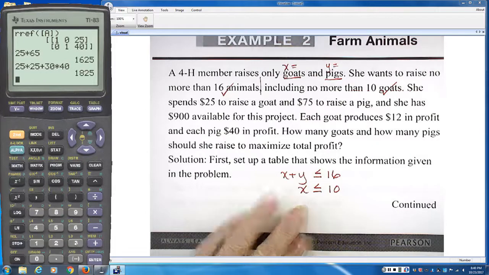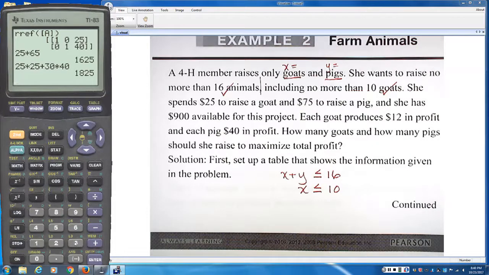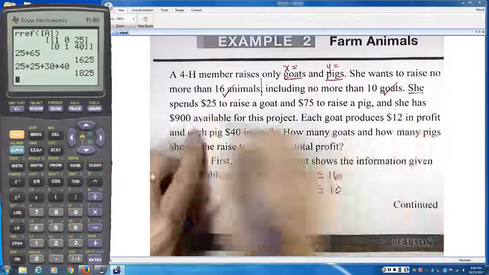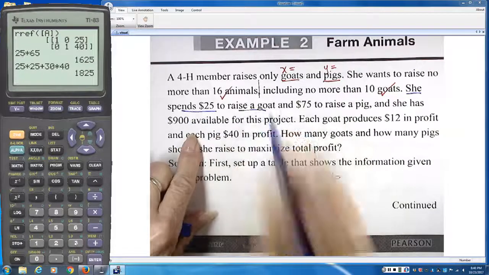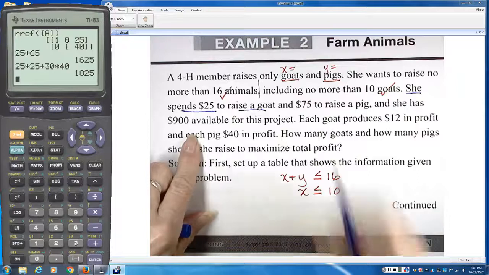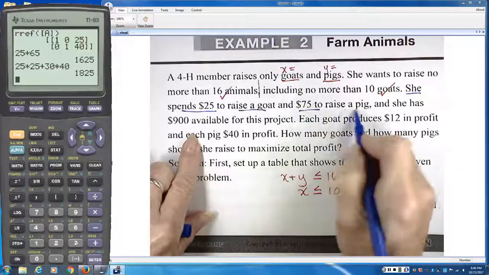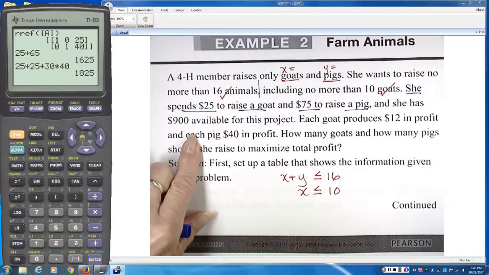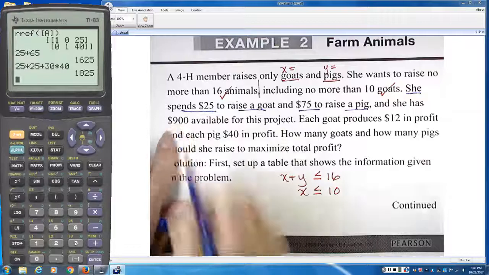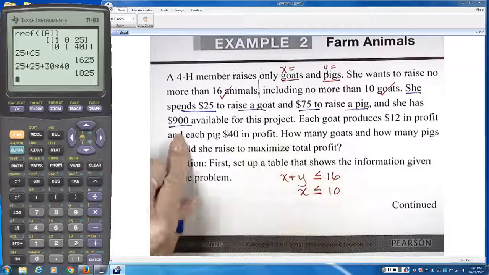So now we can keep reading. We'll go to the second sentence. She spends $25 to raise a goat. And she spends $75 to raise a pig. And she has $900 that she can spend on her project.